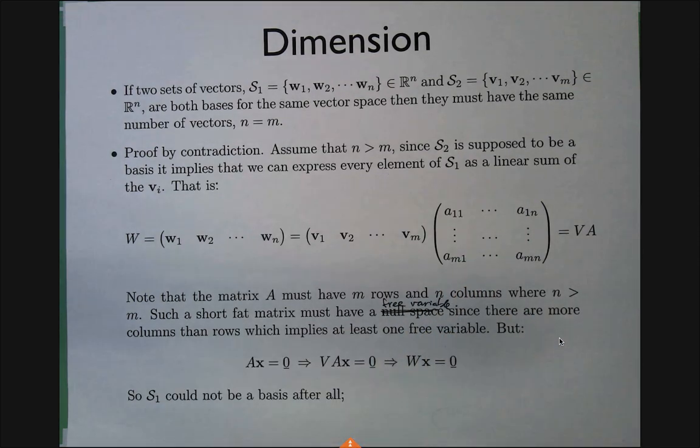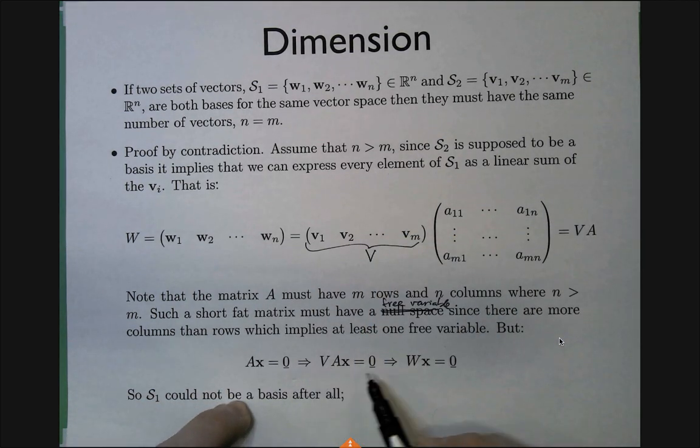Exactly the same argument as before: I just run out of pivots. There must be at least one column without a pivot element. That will be my free variable, and that means I can find a non-trivial, non-zero x, which gives me Ax equals 0. Well, if I did that, I can just multiply from the left with V. V is this matrix.